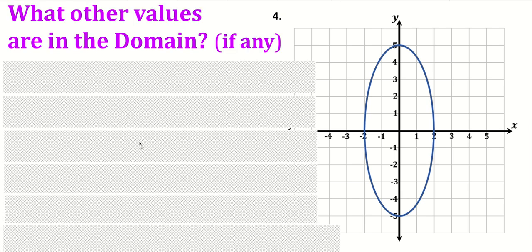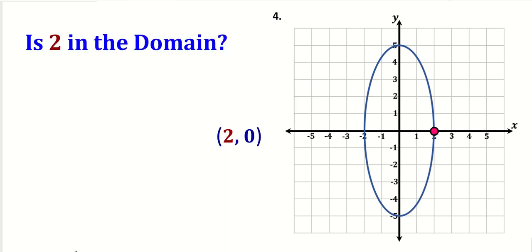What other values are in the domain, if any? I think we did 0, 1, and 2. And you might be thinking, well, also -1, because there's a couple points where x would equal -1, and there's a point right here where x would equal -2, right? Would there be any others? Here, let me grab this.